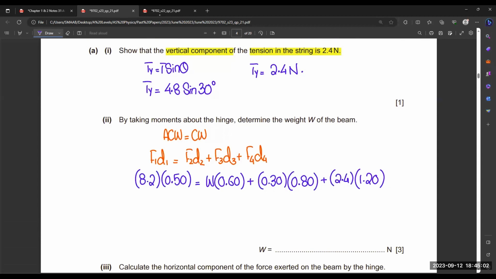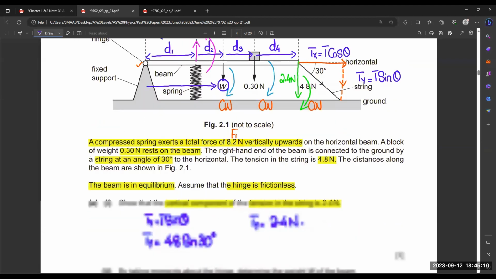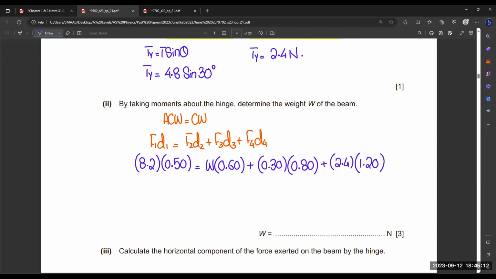Okay, calculate the final answer and let me know. I'm supposed to do 8.2 multiplied by 0.5, and then I'm going to subtract the rest, right? Yes, and then I'm going to divide it by 0.6 later on.